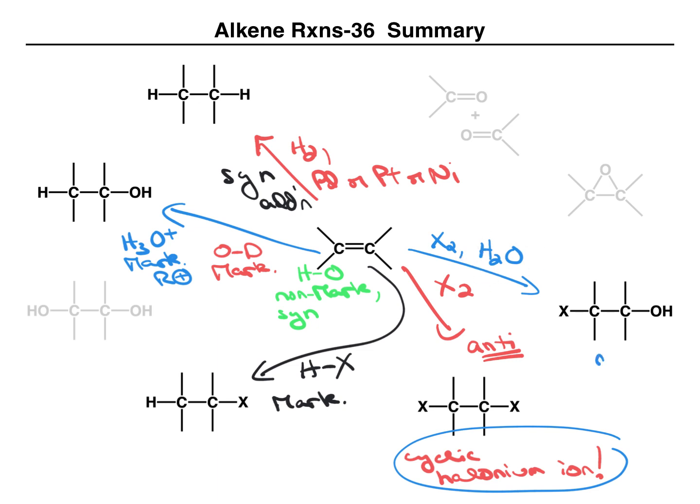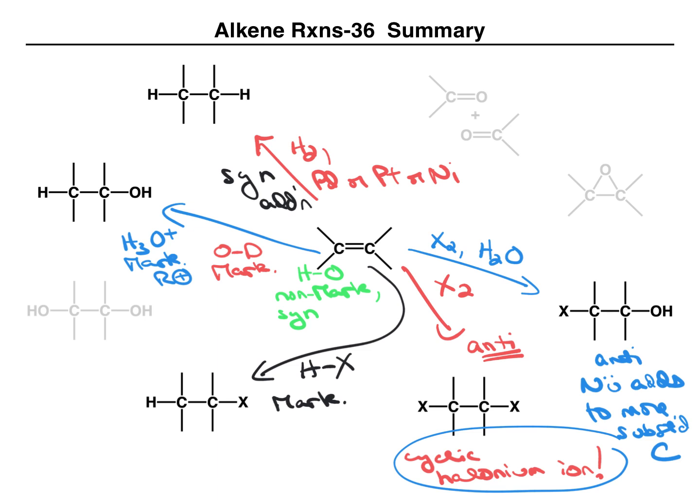So again, we have anti-addition, and our nucleophile adds to the more substituted carbon. We've talked about examples with water, but actually you could use other nucleophiles as well. Instead of water, what if you had methanol as your solvent? Well, you could add methanol. What if you had ethanol as your solvent? All right, so there's a lot of flexibility with this reaction.